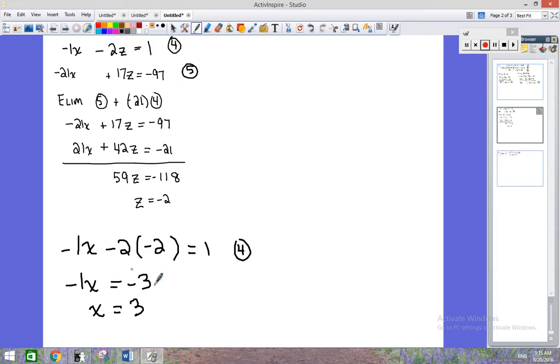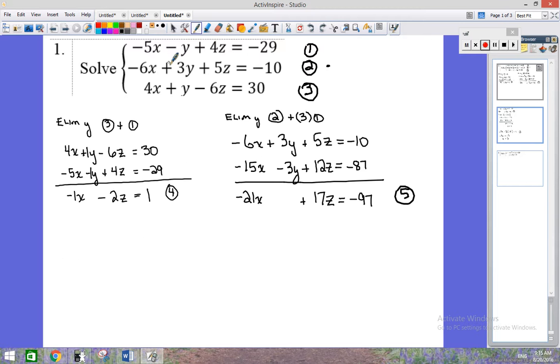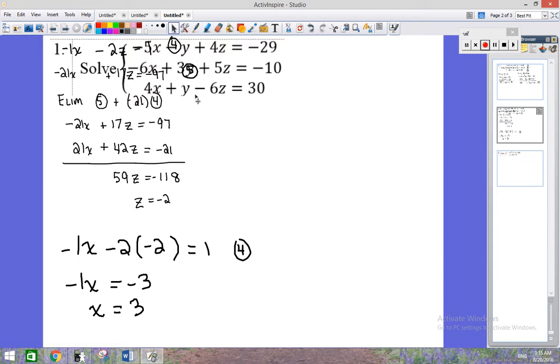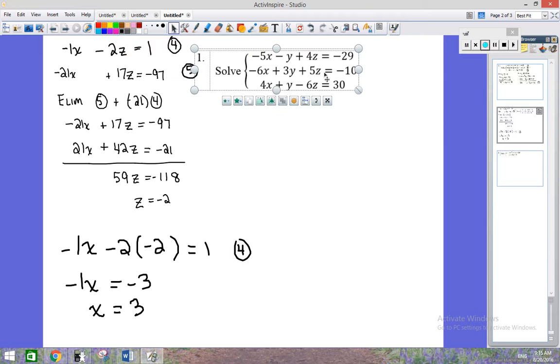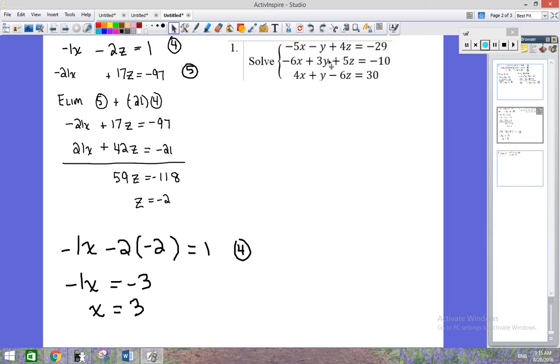Alright, now I have x, I have z, I need y. I need to go back to my original equation that had all 3 variables and pick one of these equations to solve through substitution to get y. So I'm either going to use equation 1 or equation 3. It really doesn't matter.